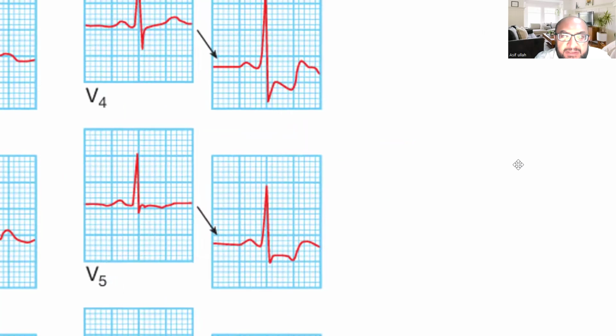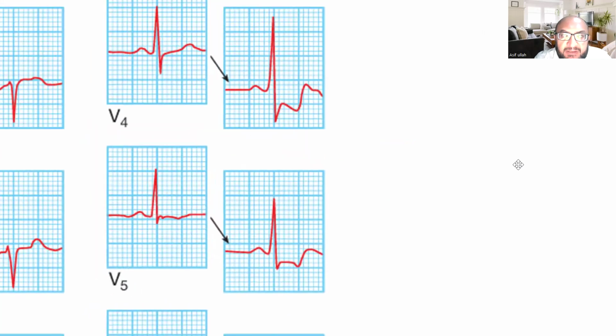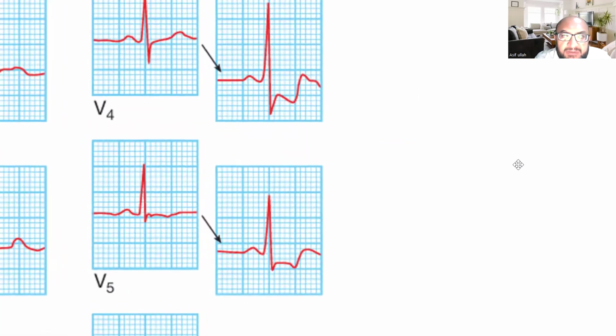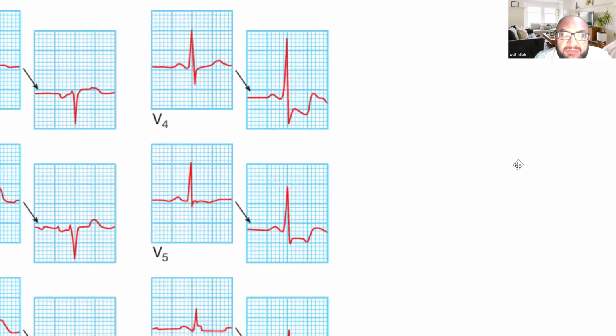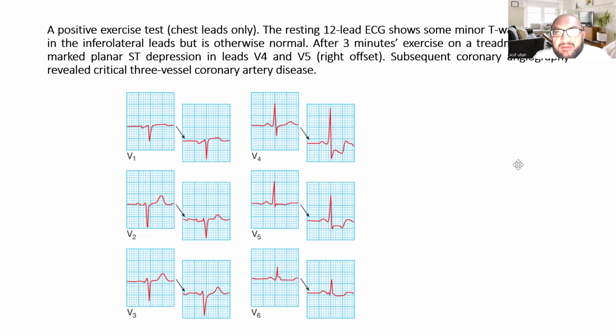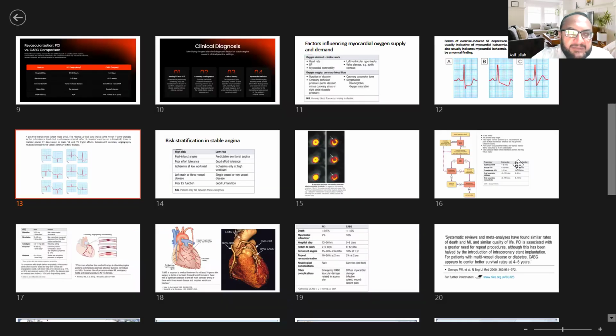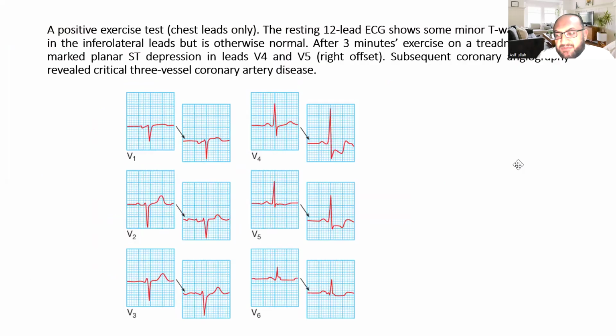You can see, and it is quite significant. Later on, this patient underwent angiography because he was a high risk patient, so he had 3 vessel coronary artery obstruction.